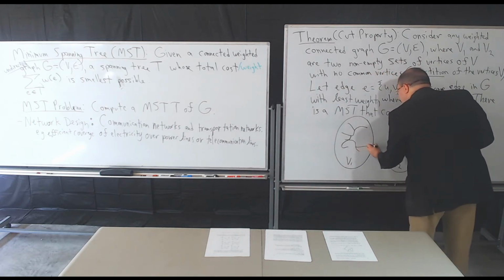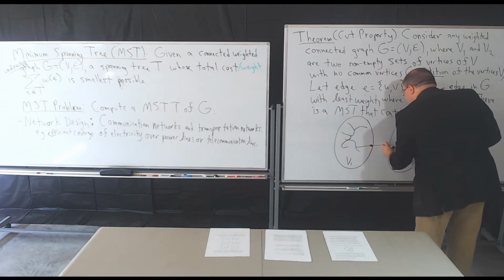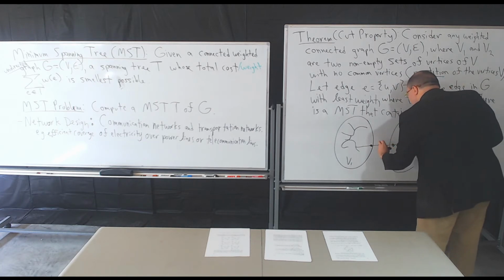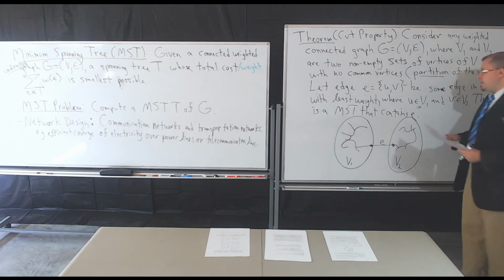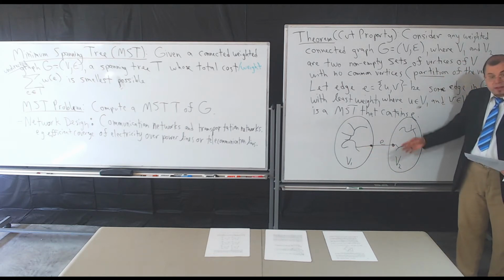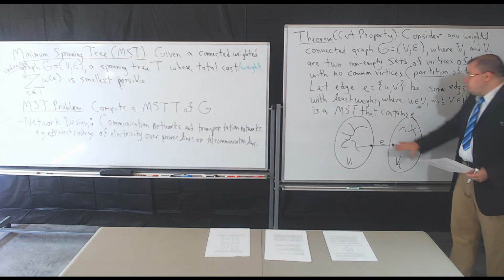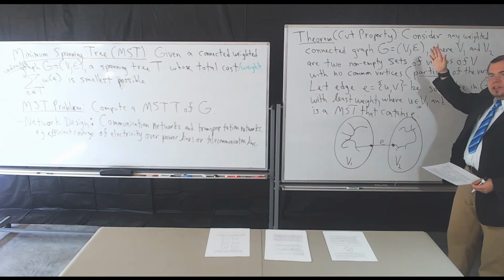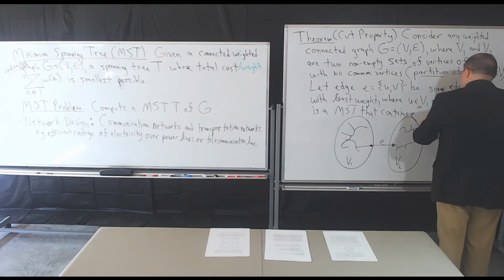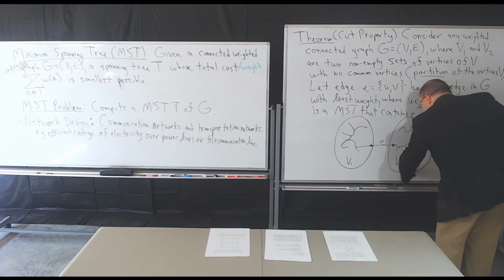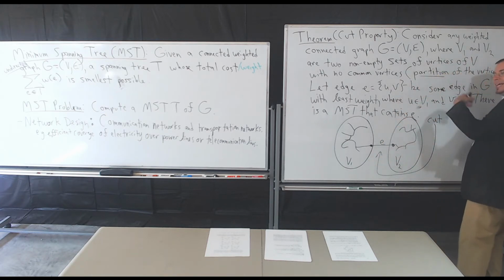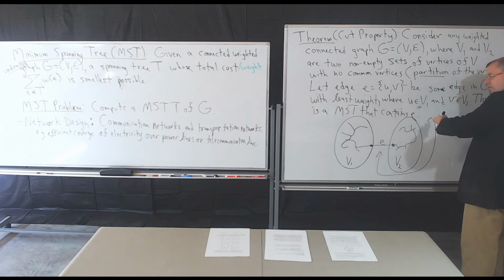The point being is that there's some edge, E. So this is edge E that crosses from V1 to V2 or vice versa. So we would describe what I've just given you as a so-called cut. So any edges that cross from V1 to V2 are called the cut of V1, V2.